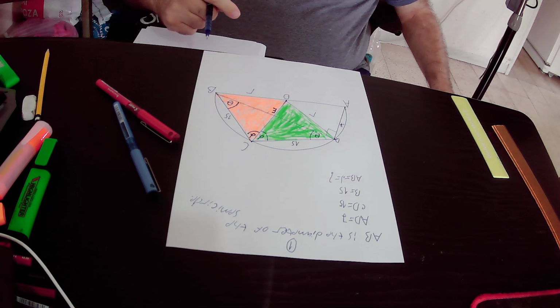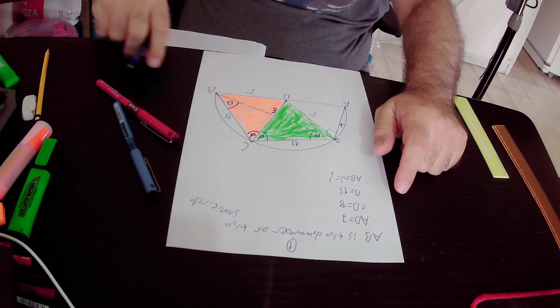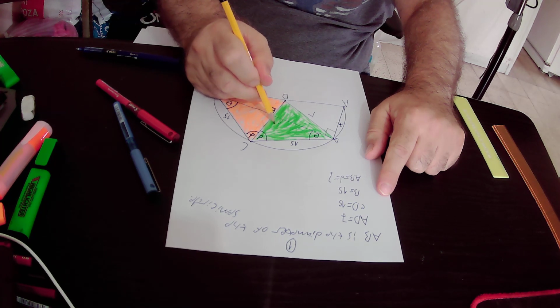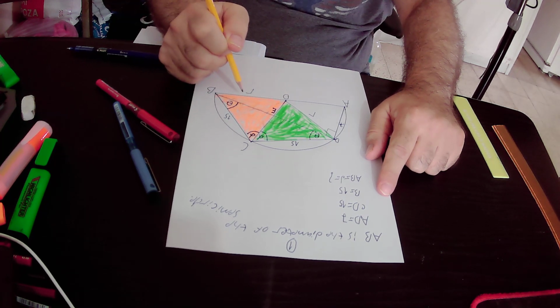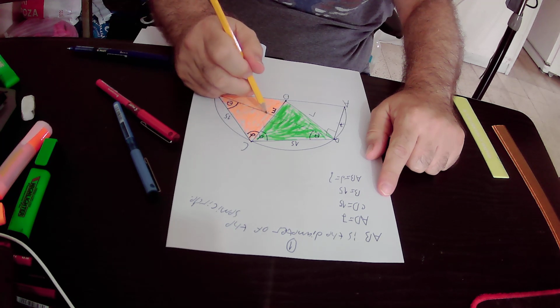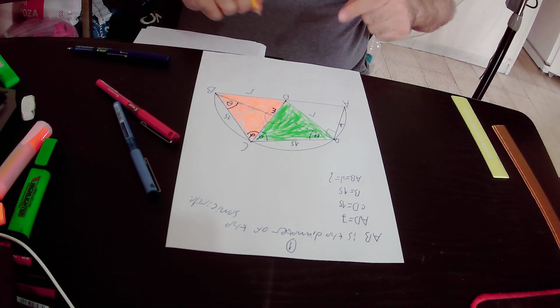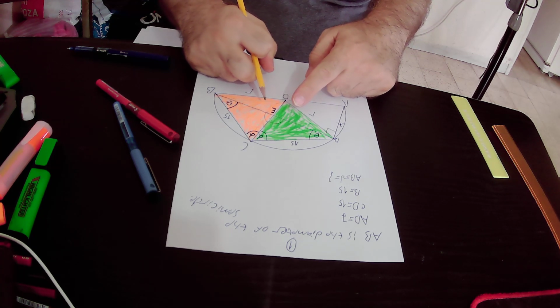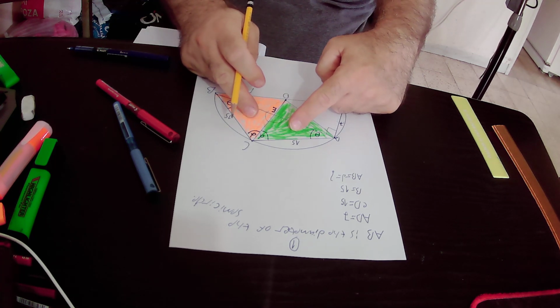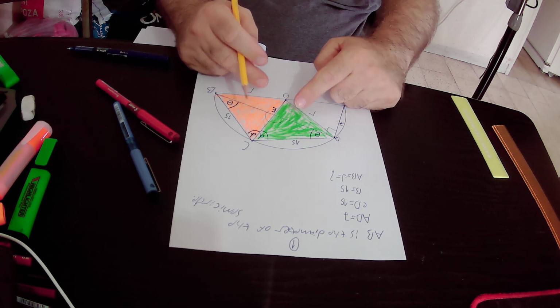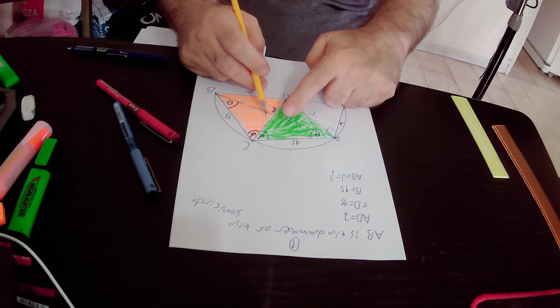Therefore, angle DEC in the green triangle equals angle BEC in the orange triangle according to the rule that corresponding angles in congruent triangles are equal to each other. Those two triangles are congruent to each other, therefore the corresponding angles are also equal to each other.